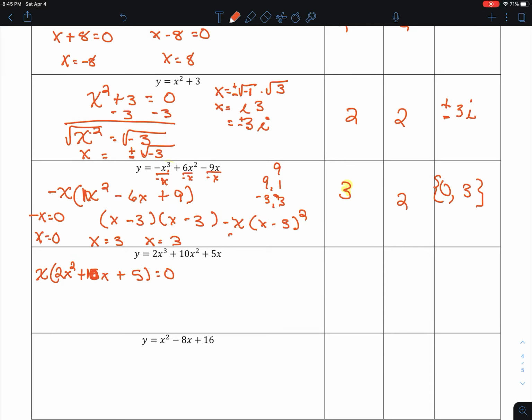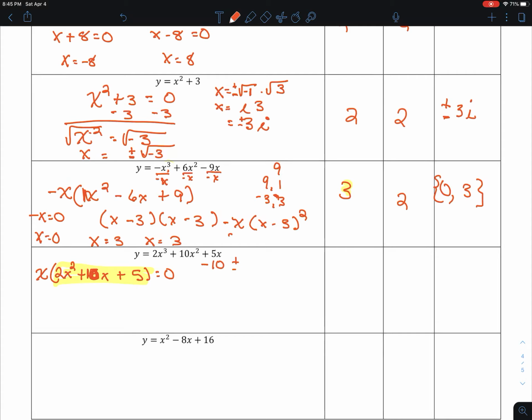Now, if you try to factor that, we can't find any 2 numbers that we can multiply to get 10 and add to get 10, because we'd have to use grouping for this one. So there are no 2 numbers. So we're going to have to use the quadratic formula for this, only on this section.